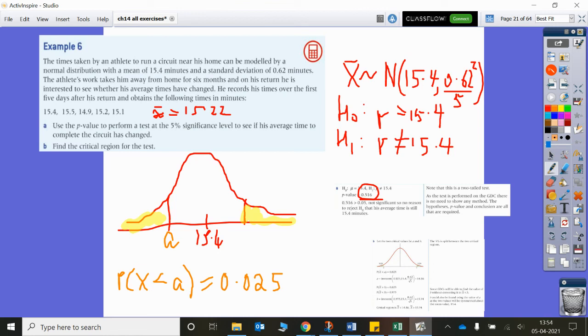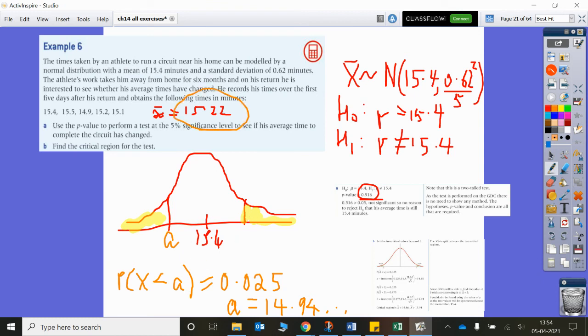Okay, remember again, because it's a sample mean, we need to divide by the square root of n for our standard deviation. Okay, so that's giving us A is equal to 14.94, so on.